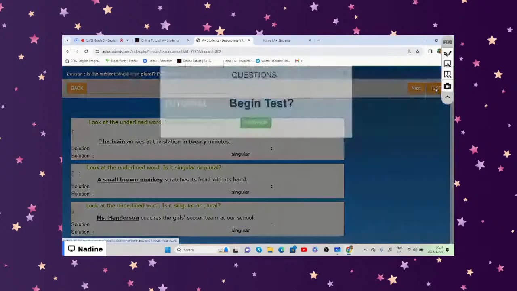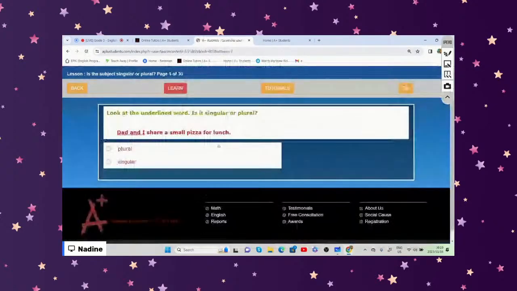Now we're going to a test where we are going to say if the subject is singular or plural. We need to look at the underlined word. So, Dad and I, we share a small pizza for lunch. Dad and I. Is Dad and I only referring to one person or is it referring to more than one person?